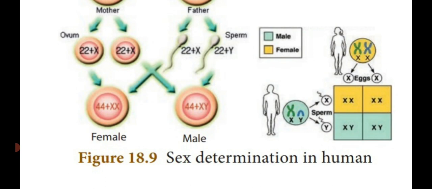When you multiply XX and XX, both are female. Y with the X means we get XY chromosome. So these two are known as male, that means boy. So that is the variation that occurs in human beings due to the chromosomes present in male and female. That is known as sex determination in human.